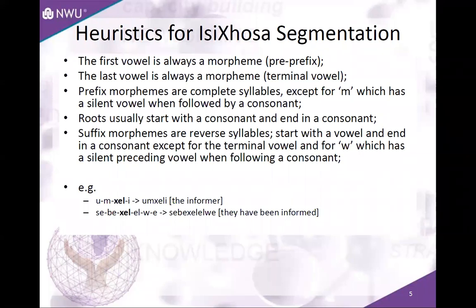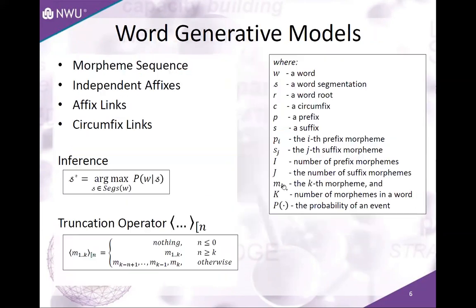If the last letter is a vowel, also make that a suffix morpheme. Roots start with a consonant and end with a consonant, and prefix morphemes are full syllables, and the suffixes are reverse syllables. And that's how we use these heuristics.